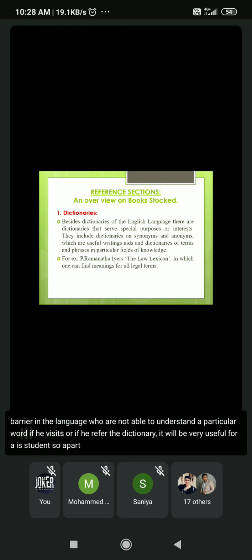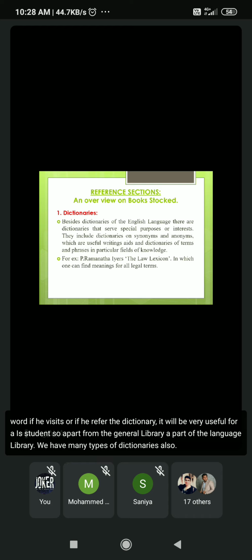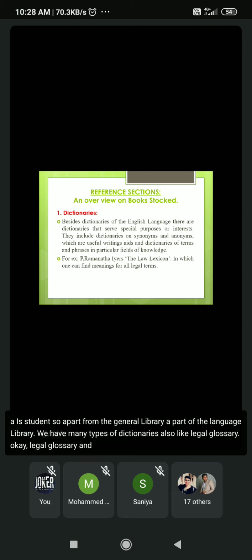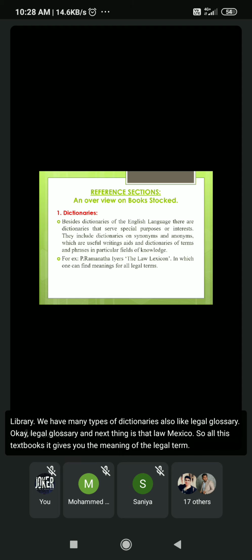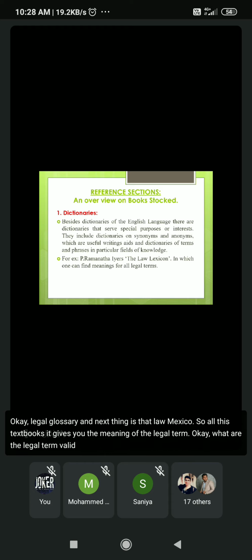So apart from the general library, apart from the language dictionary, we have many types of dictionaries also, like the legal glossary, and next the law lexicon. All these textbooks give you the meaning of legal terms. What are the legal terms? Valid, invalid, void, suing, parties, plaintiff, defendant, suit, litigation, petition, writs.